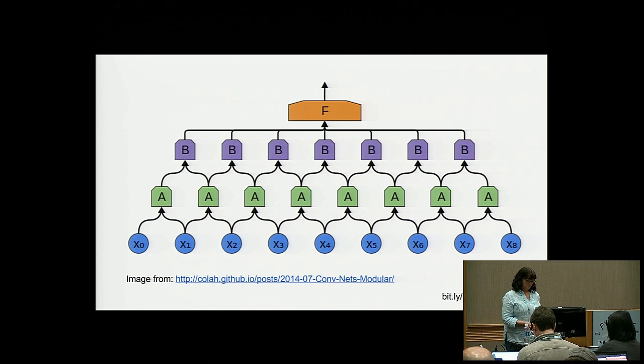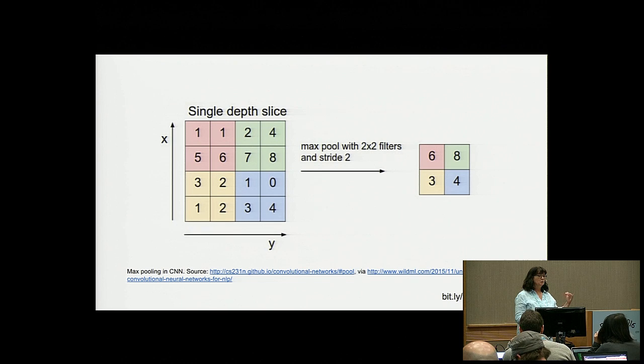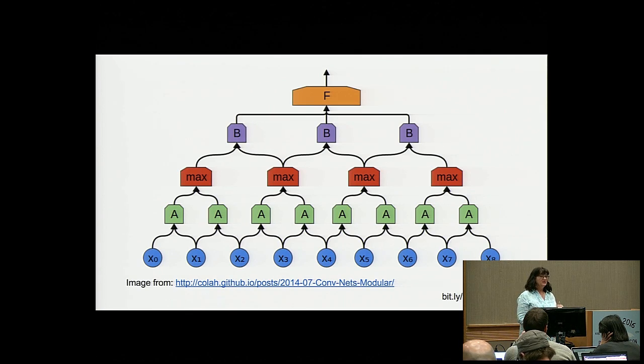As you build up these layers of your neural net, there's a concept of max pooling, which collapses or folds a given layer of the neural net into a smaller space by, as you can see here, taking the max of each of a set of subareas. So you start to get networks that look like this.